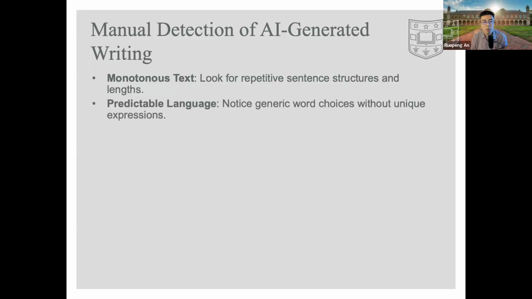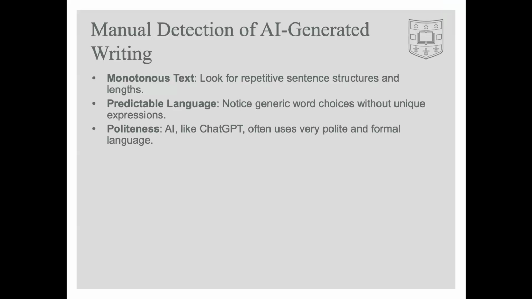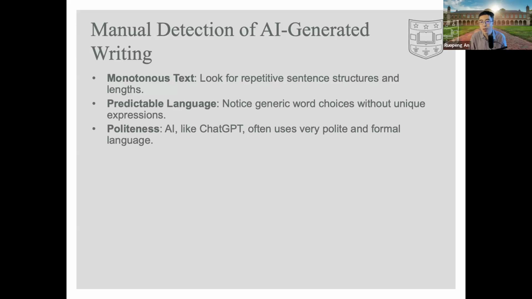Second, we look at predictable language, for example, generic word choices without unique expressions. We also look at politeness. For example, AI like ChatGPT often generates very polite and very formal language, unlike human beings, who are usually more casual.